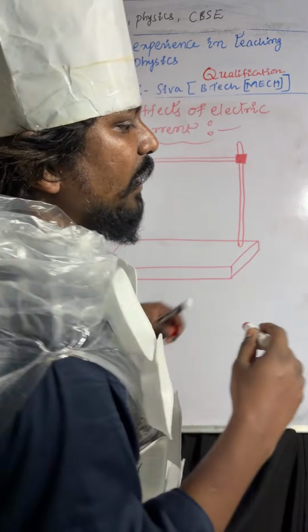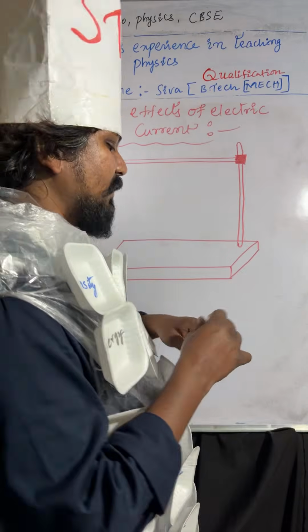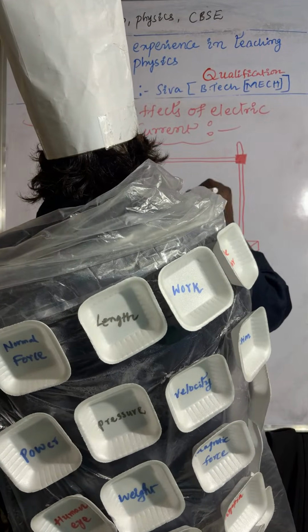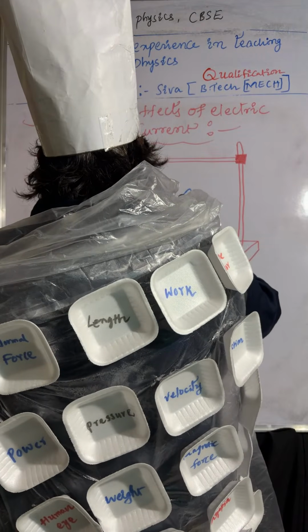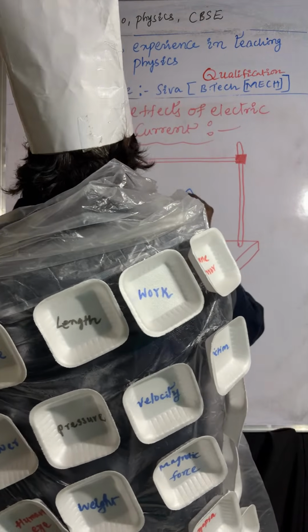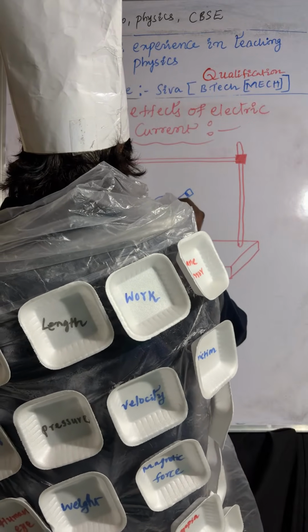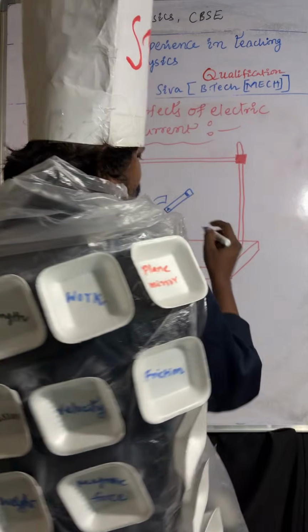Okay, so now you can see here, I am taking the aluminum rod, this thing AB. It is placed in the external magnetic field, that is north and south.